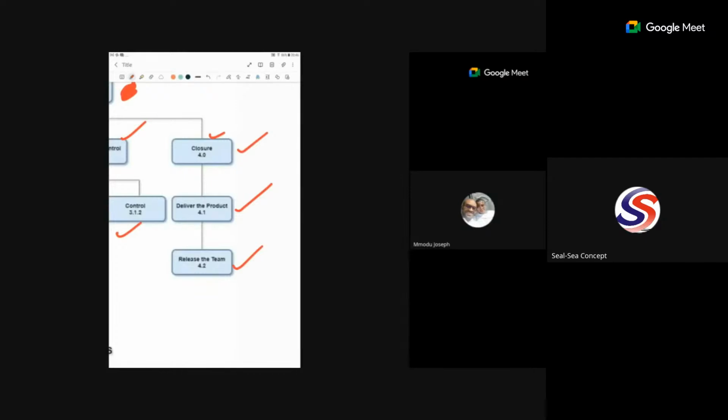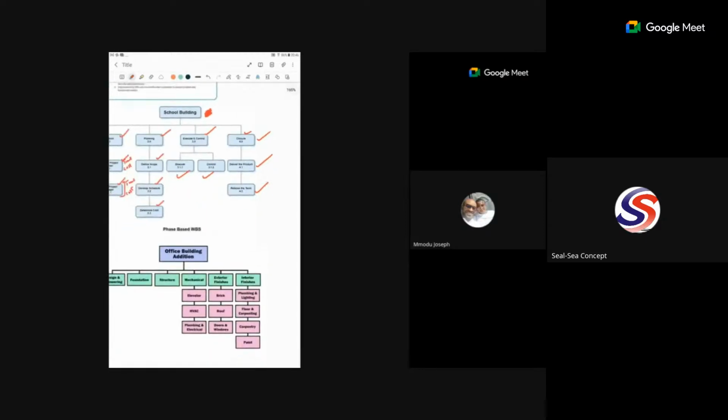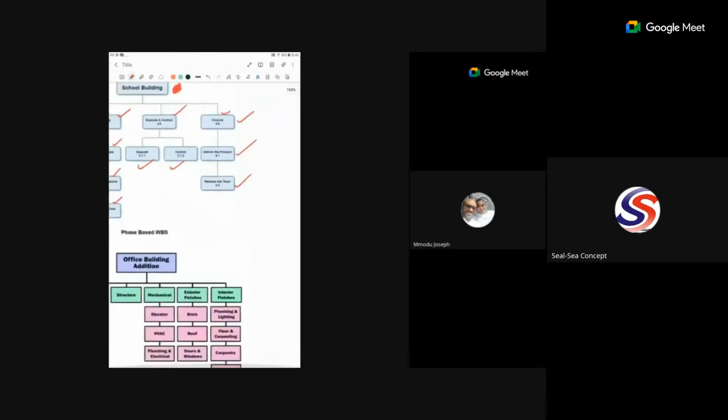So these 2 staff will be released by their functional manager so that they can go and execute the project. And when the project is over, what happens? We release all of them back to their unit, to go and continue with their normal routine activities because the project is over. So this is the kind of work breakdown structure. Let's look at another one.